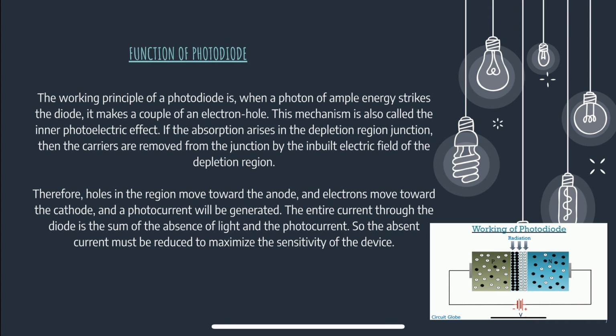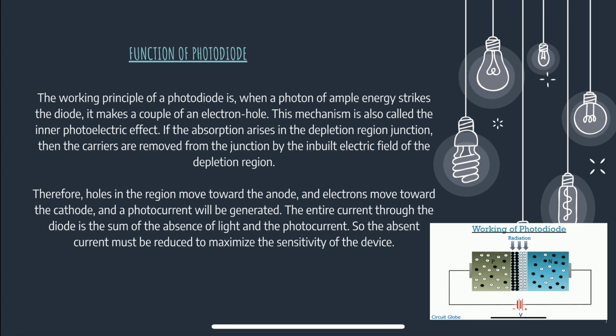Function of photodiode. The working principle of a photodiode is that when a photon of ample energy strikes the diode, it makes an electron-hole pair. This mechanism is also called the inner photoelectric effect.